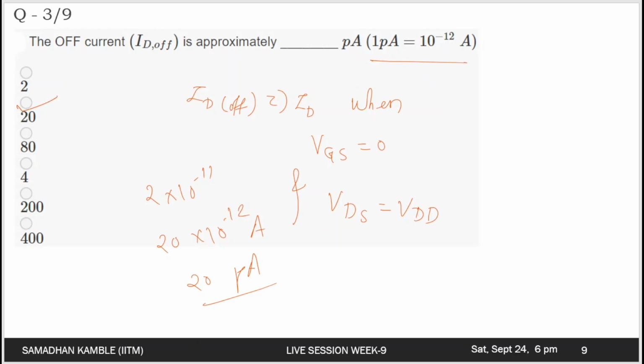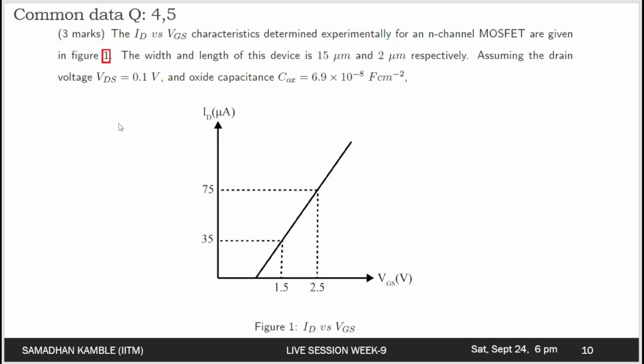Okay, let us move to again a common data question for question number 4 and 5. This is also a simple question. The ID versus VGS characteristics are shown in the figure, and these are determined experimentally for an N-channel MOSFET.